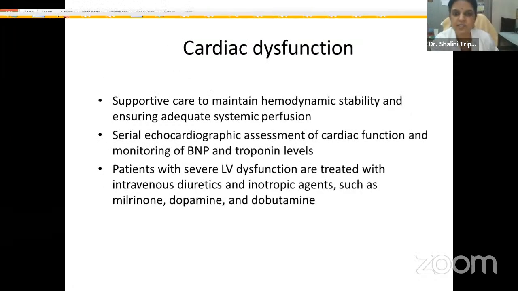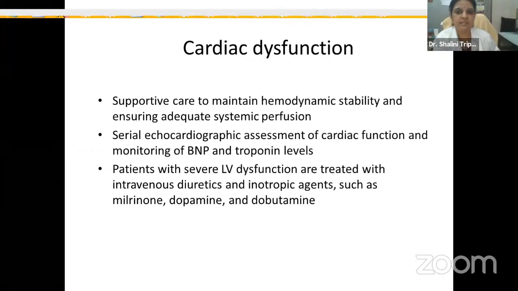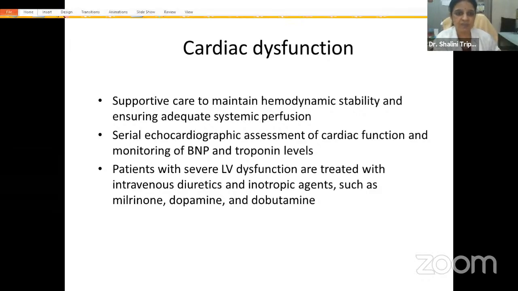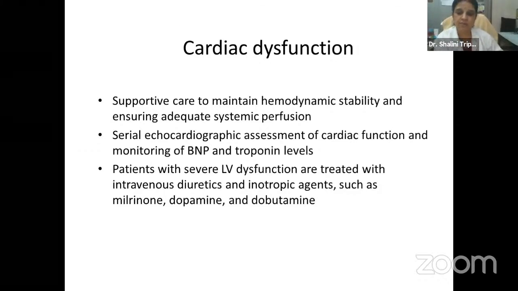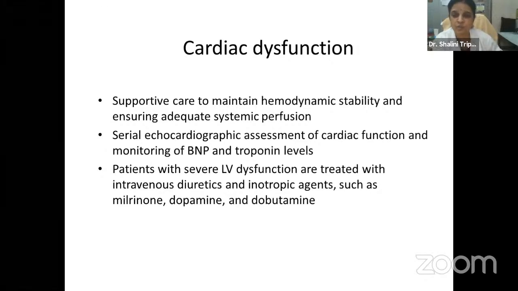So for cardiac dysfunction in the acute emergency, we have to give supportive care to give him hemodynamic stability, ensuring adequate systemic perfusion, serial echocardiographic assessment of the cardiac function, and continuous monitoring of BNP and troponin-T levels. Not in all: if the first time the patient has normal values, we don't need to repeat it.